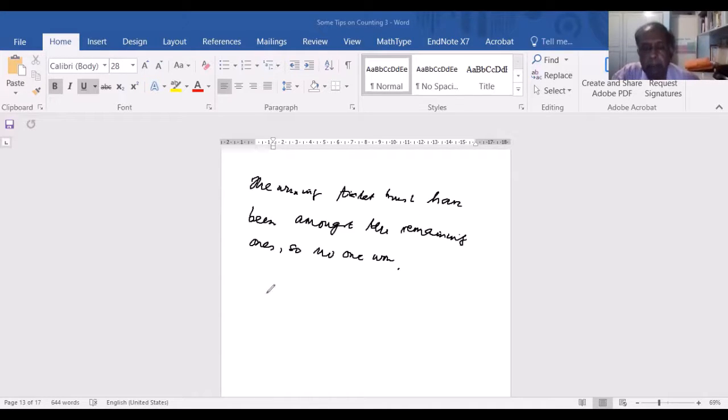So just to sum up, we had the first counting principle. I'm going to go through this thing very quickly. Then we had the second counting principle, and then we spoke about the number of arrangements, n factorial arrangements of n objects.